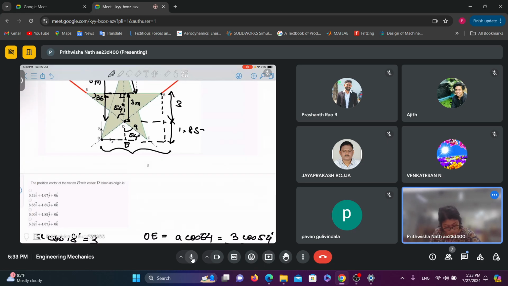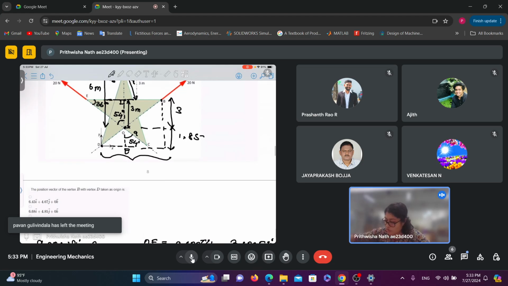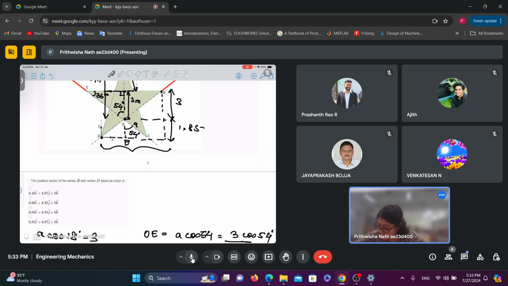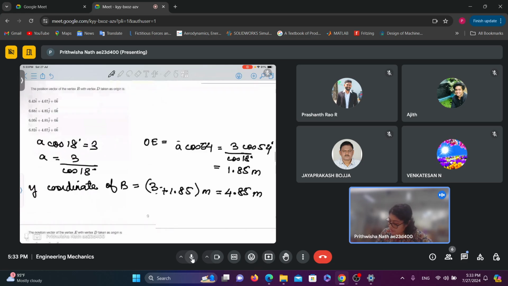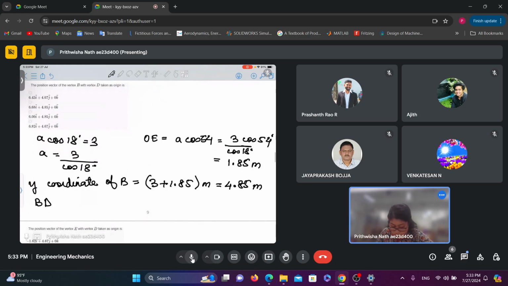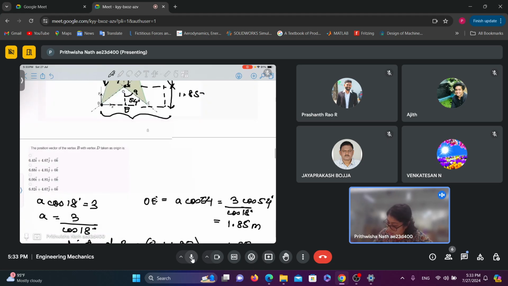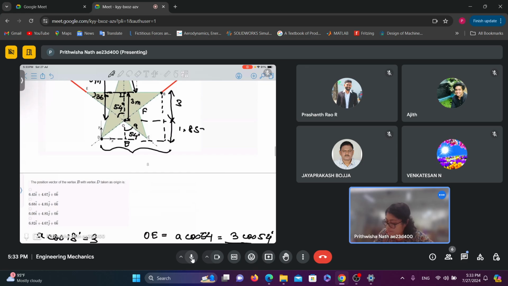So, what is the length of BD? The distance between the point B and D. BD can be written as twice of A plus OF. Let this point be F. So this is BF.